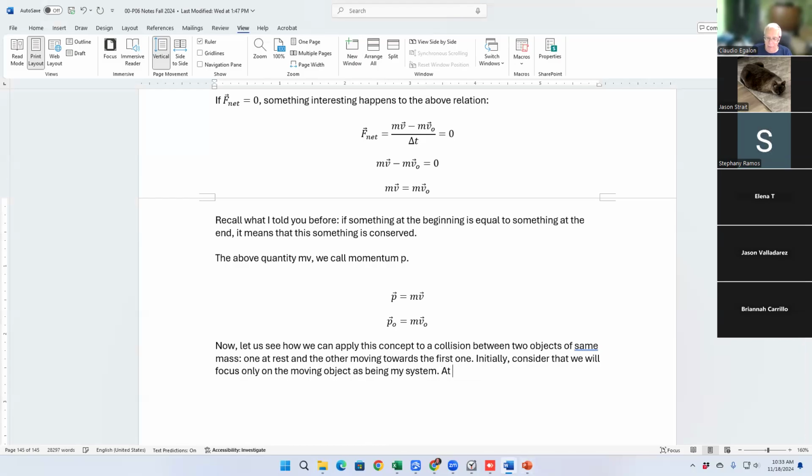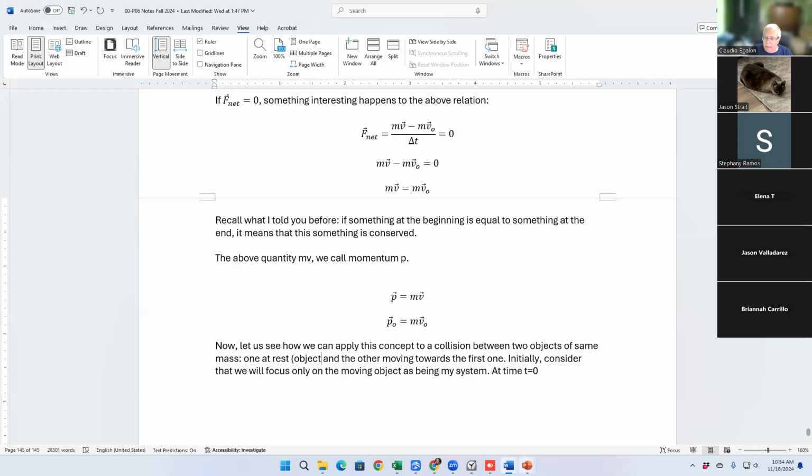Let's see how we can apply this concept between two objects of same mass, one at rest and the other moving towards the first one.